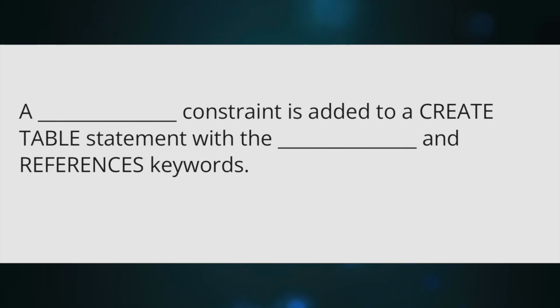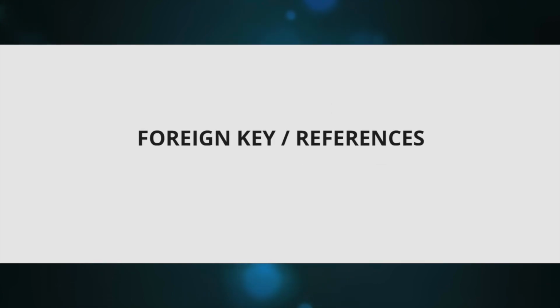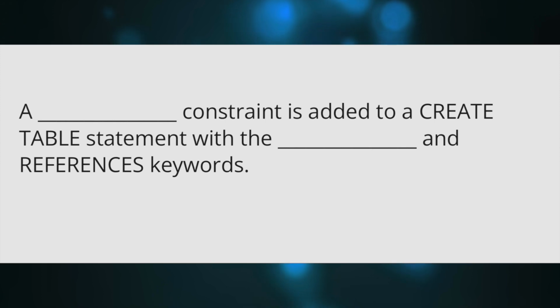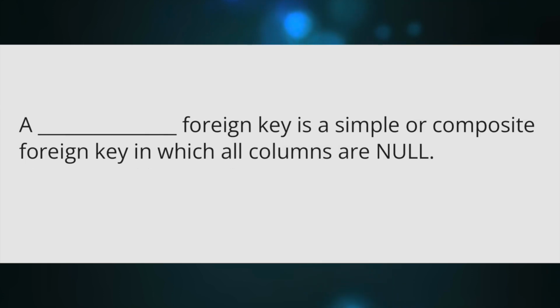Anytime you hear a constraint, a foreign key restriction constraint is added. So they add this to the create table. When they're creating the table, in those statements, they say, oh, but make sure it can't do this. And they add it with the references keywords. So they use references to say, hey, don't do this, don't do that, whatever. So you remember that, you're pretty good on the definition there.